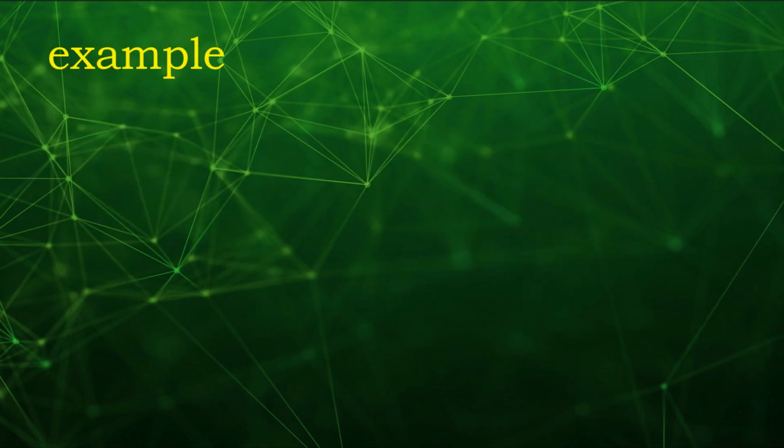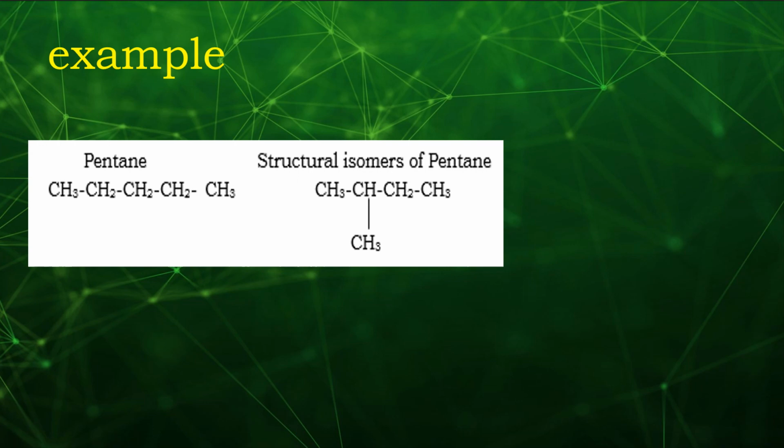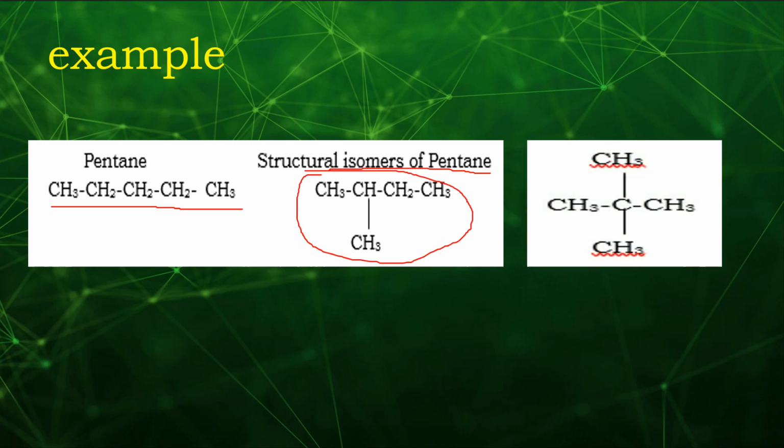Another example here, we have pentane. Pentane with this condensed structural formula here. And the so-called isomers of pentane look like this one. And then another structure, yung isomer din ng pentane, is this one.